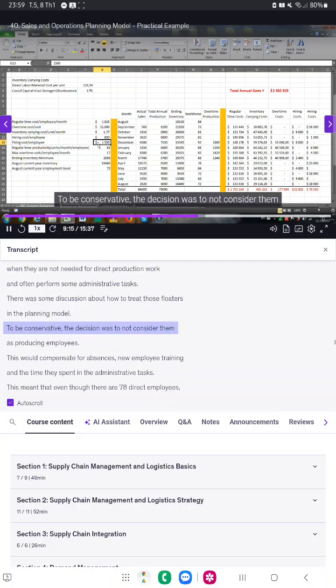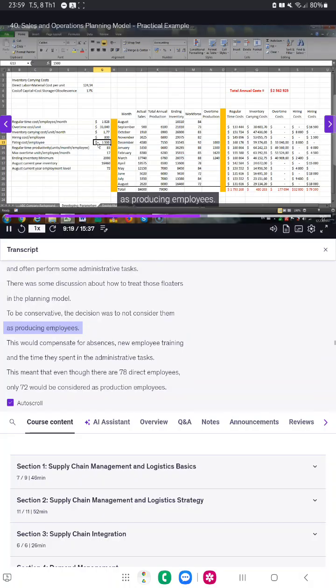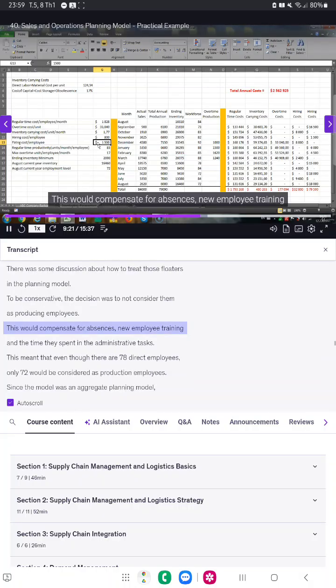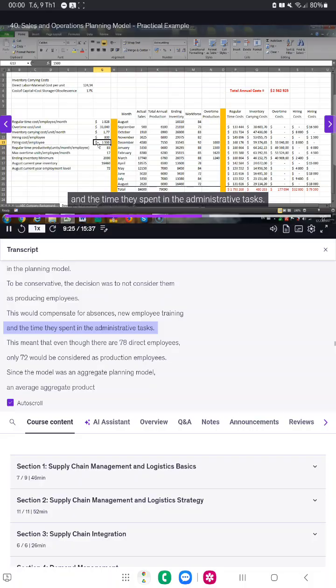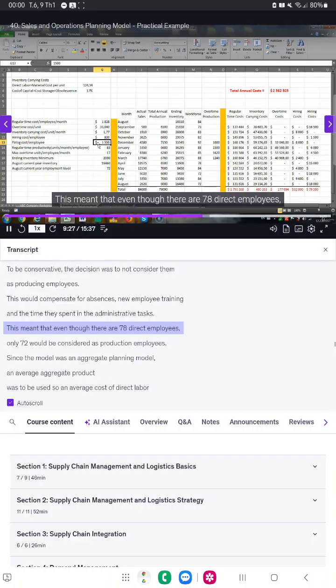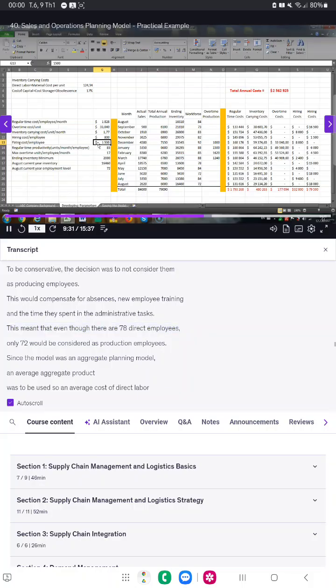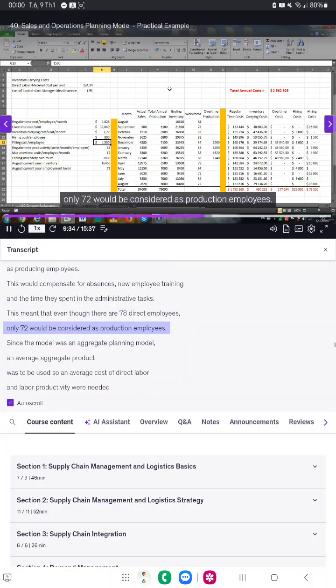To be conservative, the decision was to not consider them as producing employees. This would compensate for absences, new employee training, and the time they spent on the administrative tasks. This meant that even though there are 78 direct employees, only 72 would be considered as production employees.